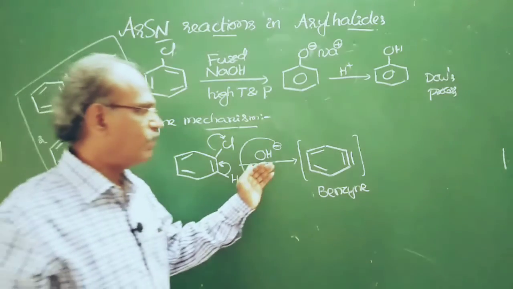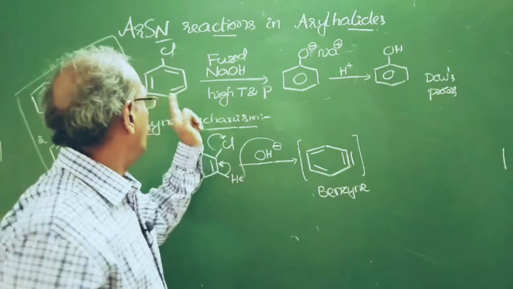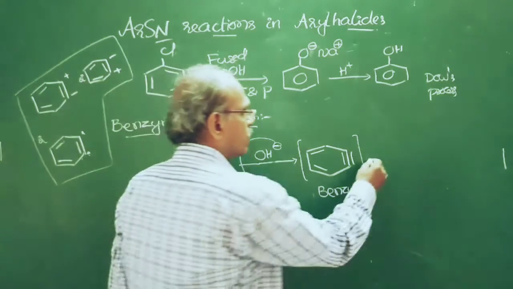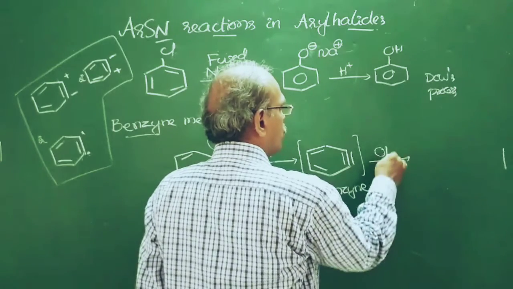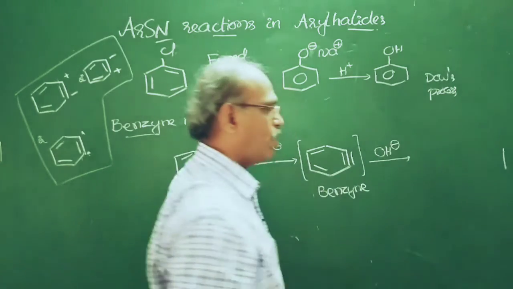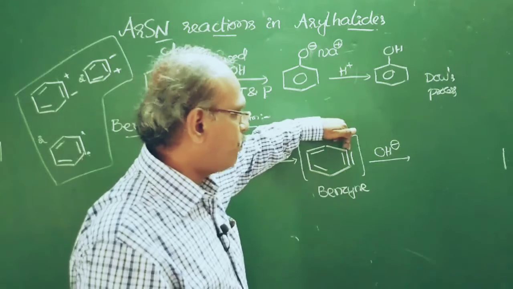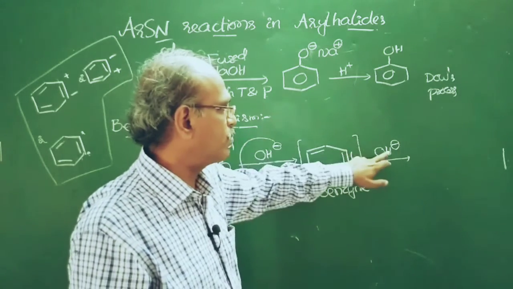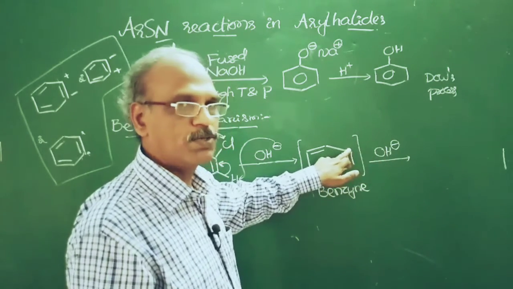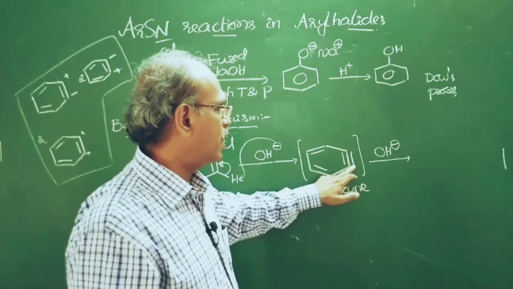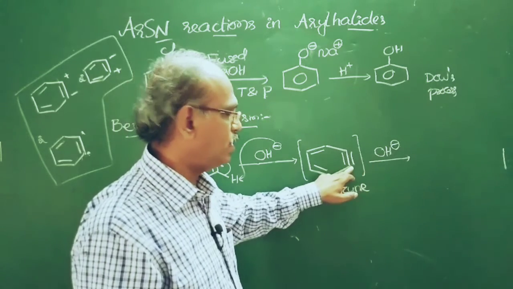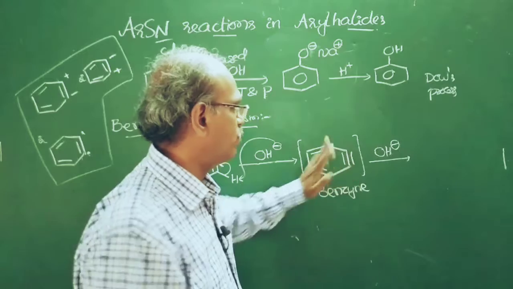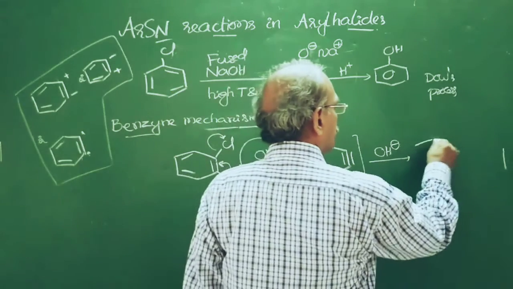Here, for the sake of convenience, let's consider the ionic structure with this OH minus nucleophile. Suppose the upper carbon has a positive charge, OH minus combines with this. If the lower carbon has a positive charge, it combines with this. Structurally both are the same. Now see this.